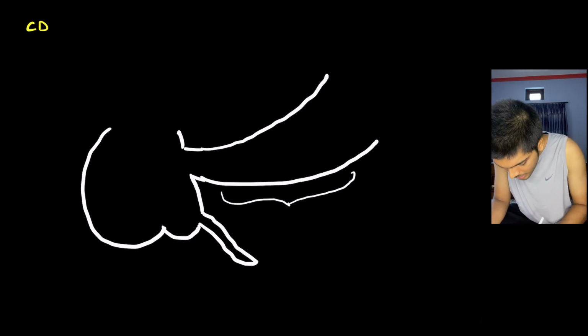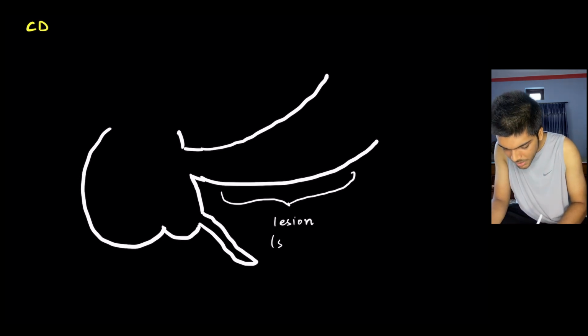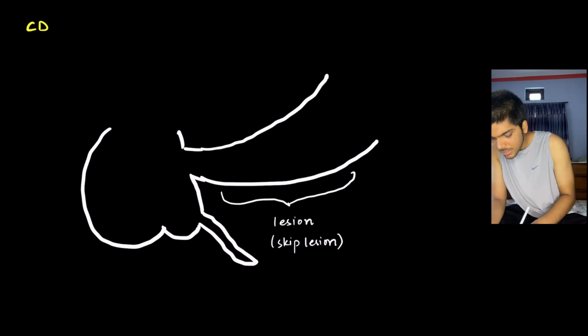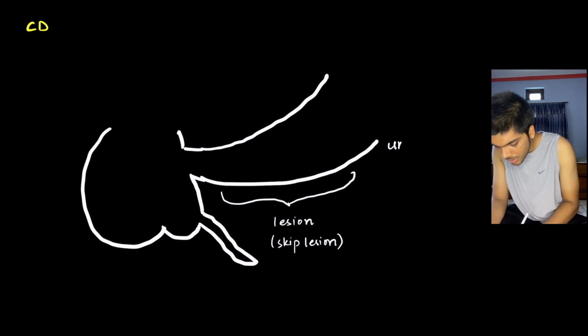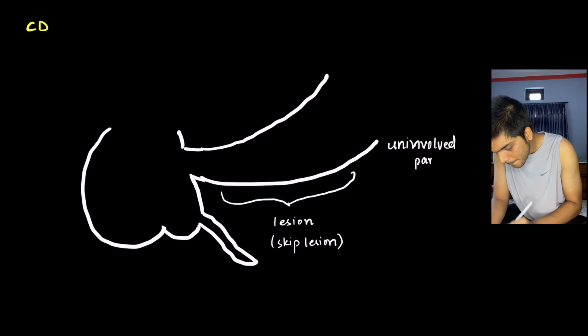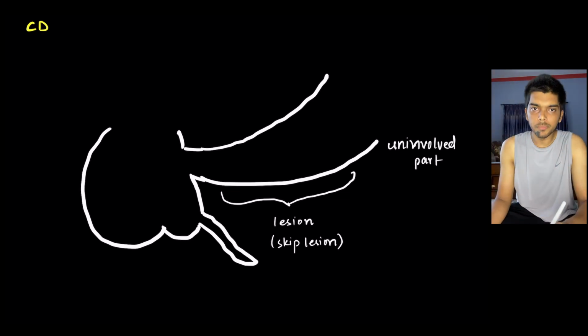So here it is. This is the lesion. What kind of lesion do we have? We have skip lesion. That means if this much part has lesion, this is the uninvolved part. So that's normal.